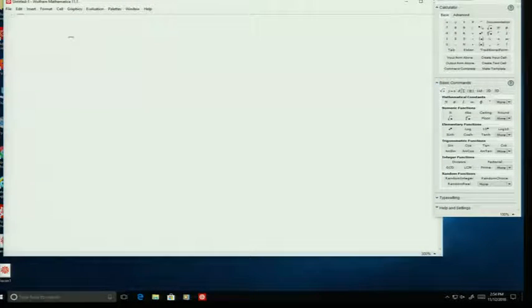And I'm going to say inverse Laplace transform. Oh, it's already asking me if I want the inverse Laplace transform.